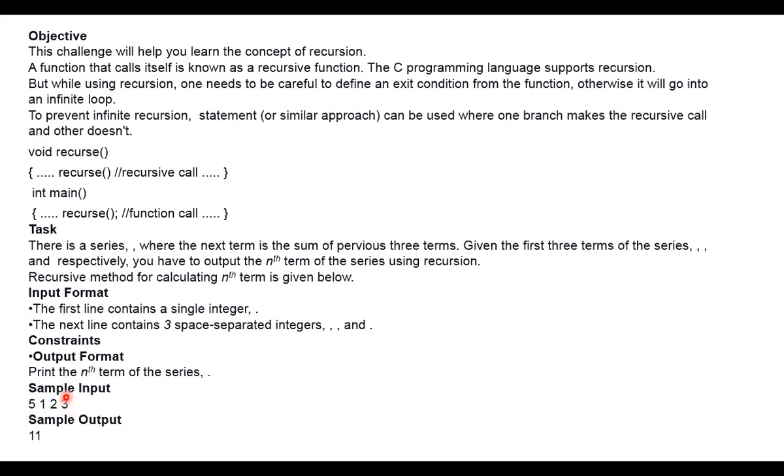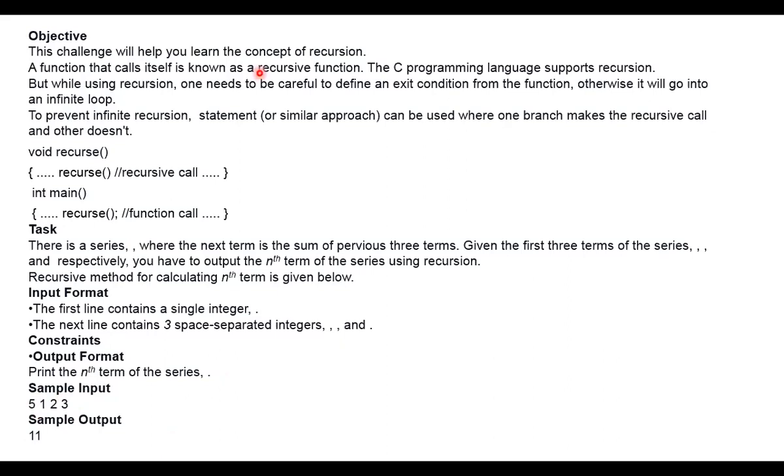Like in the Fibonacci series, the first two terms were 0 and 1, and the third term was the addition of the previous two. Similarly, in this case, the first three terms will be given to you, and that's not always the same, because you can have any first three terms. So the fourth term will be dependent upon the addition of the first three terms.